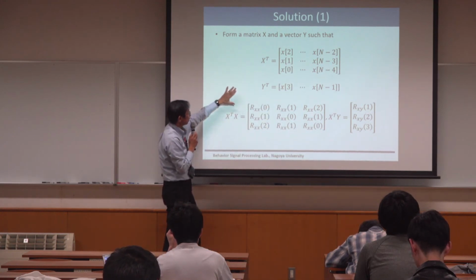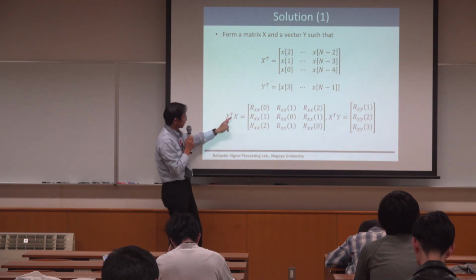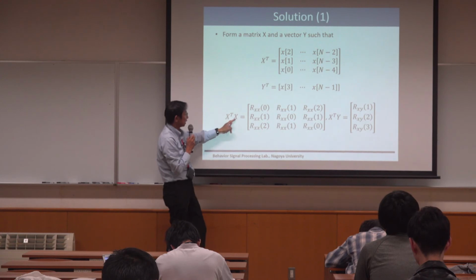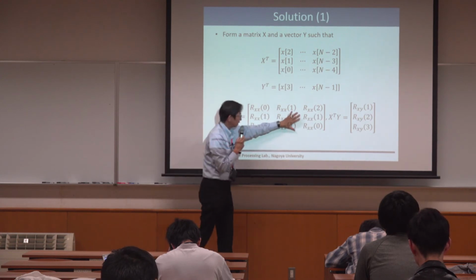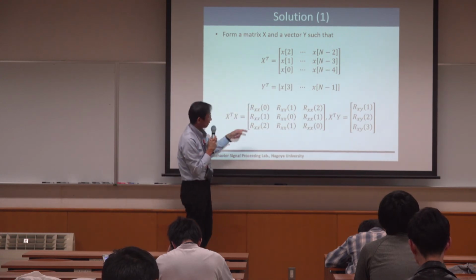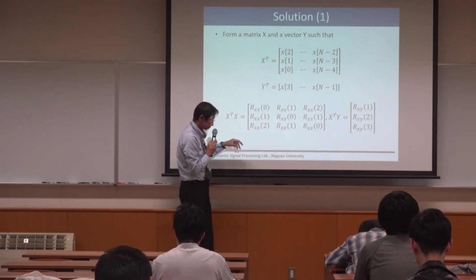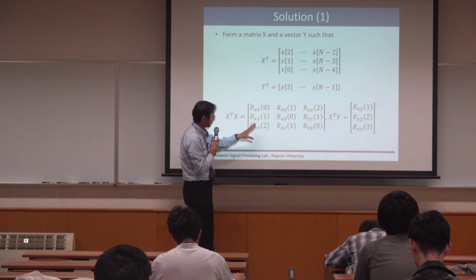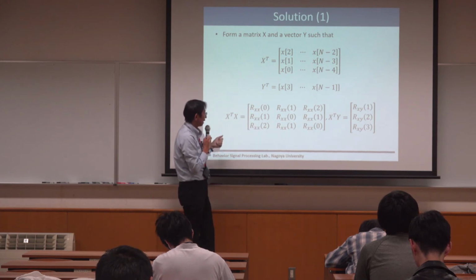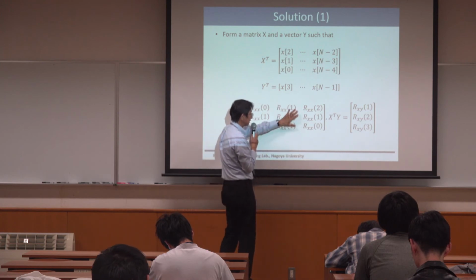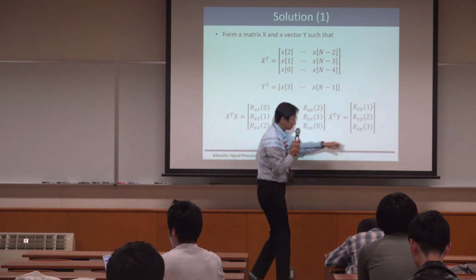Then you can calculate X transpose times X, and X transpose times T, which becomes a shape like this: a 3 by 3 regular matrix and a rectangular matrix. This is known as the autocorrelation matrix. But anyway, this is the same thing, and this is also the same thing.